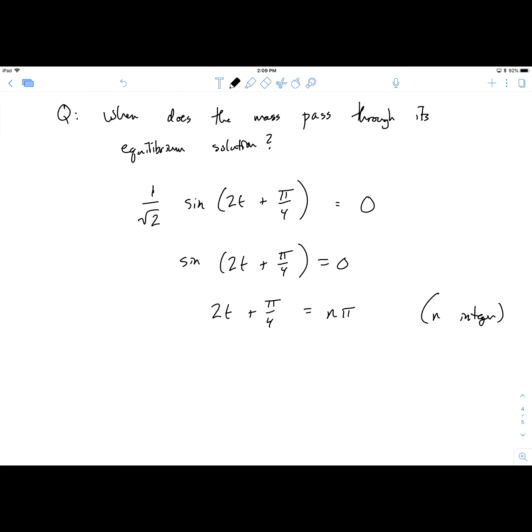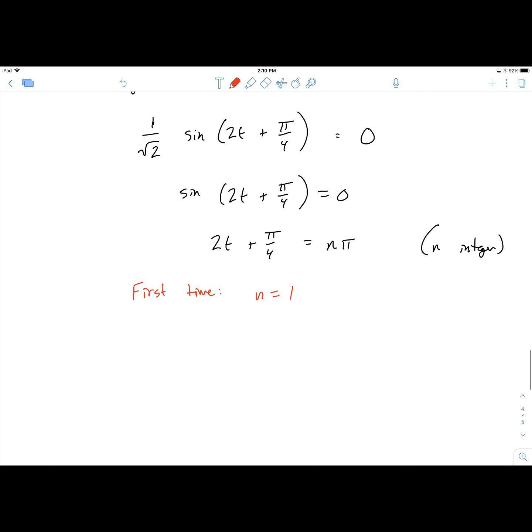Well, for the first time, that would be when n equals 1. Let n equal 1, which simplifies so that our answer doesn't involve an n. That's all it does. It makes it a little bit easier to work with.